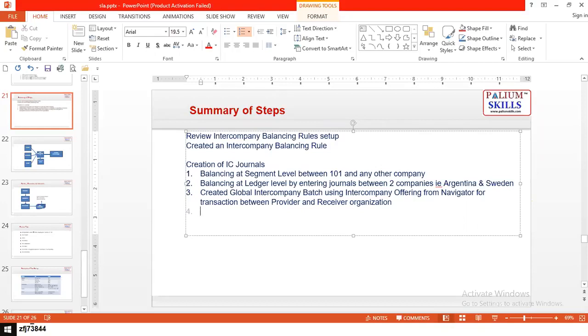The next step that we did was transfer the global intercompany batch to general ledger, transfer and post.